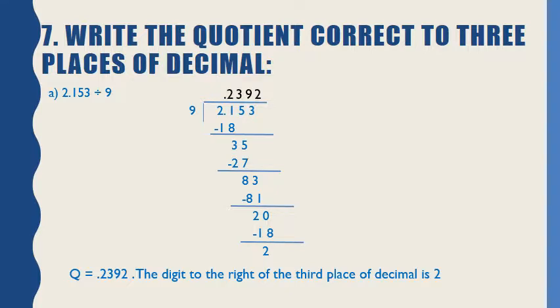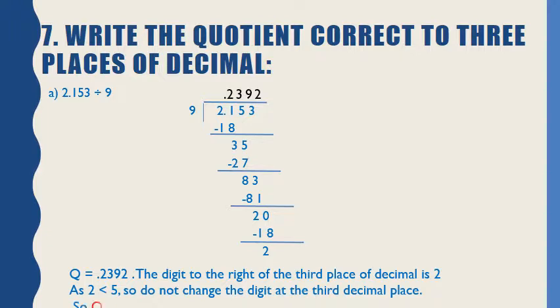It is 2. And as 2 is less than 5, so we will not change the digit at the third place, which is 9. We will not add 1 to 9. And therefore, we will drop all the digits to the right of the third place of decimal. And so the quotient is equal to 0.239.